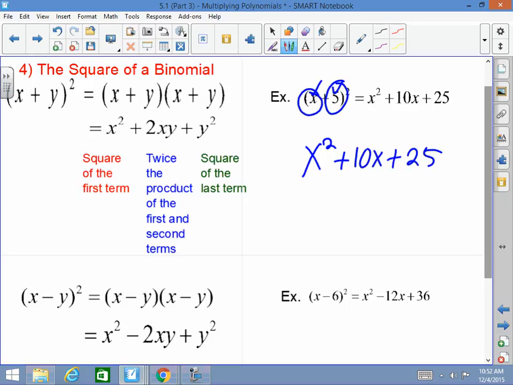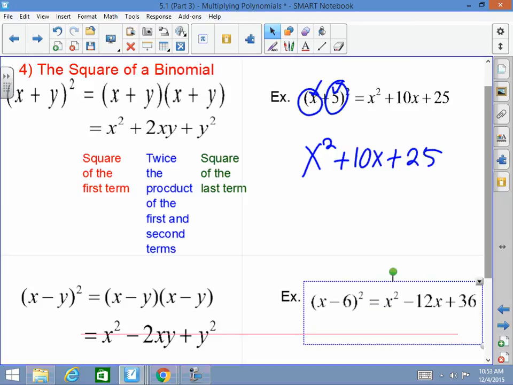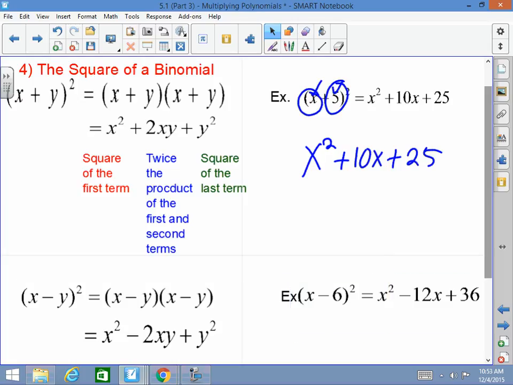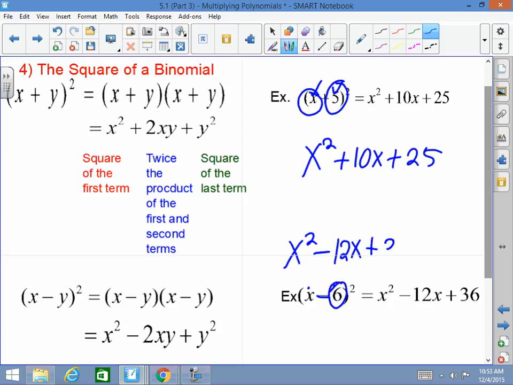You have my word of honor. For example, right here, I got x minus 6 squared. My first term is x. Square it, that'd be x squared. But there's a minus here, so you go minus 2 times the first term times the second term. So that's 12x. Plus the second term, which is 6 squared. Tell me that isn't pretty, boss.